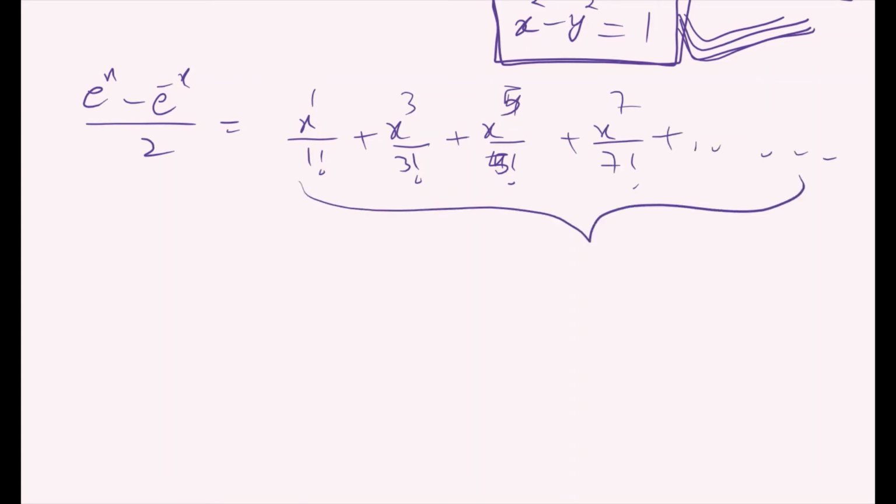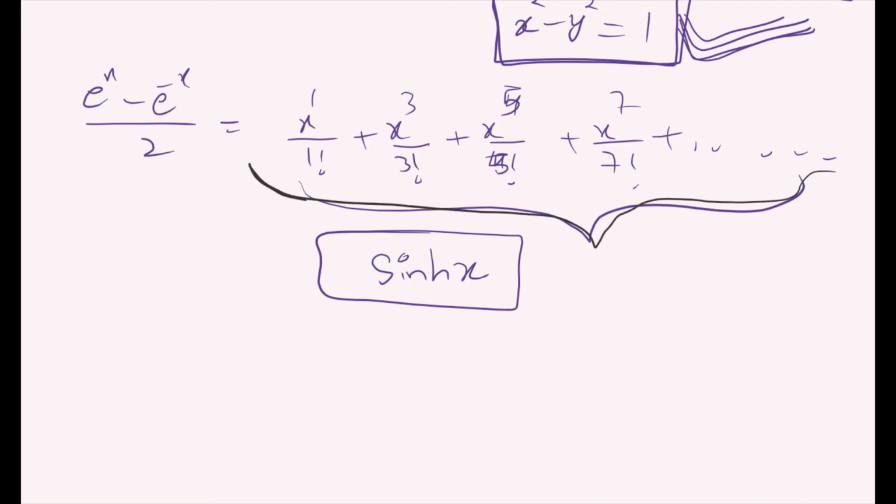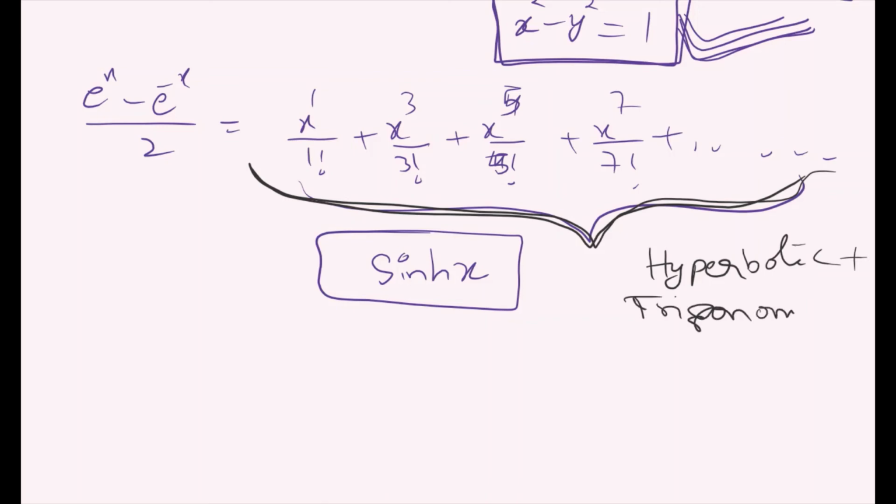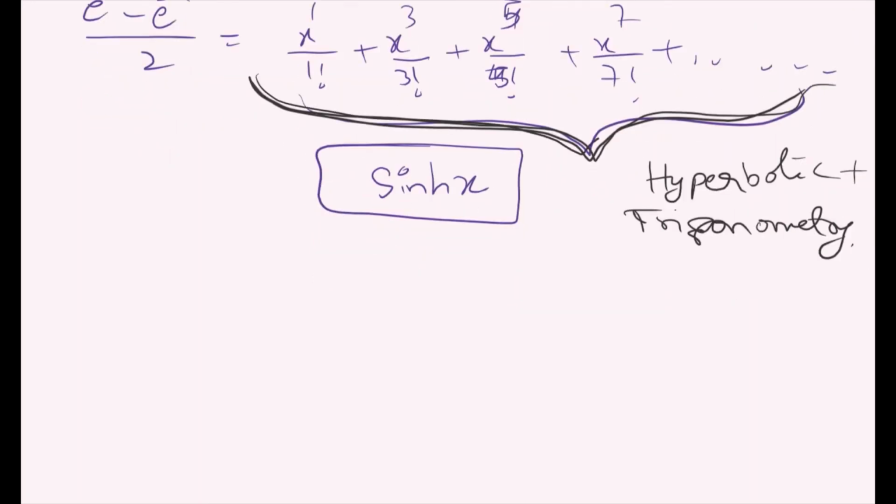This is called the sinh x expansion, the sinh x series. We call it sinh x because these functions are related to trigonometric and hyperbolic functions. So they are a combination of hyperbolic and trigonometric.